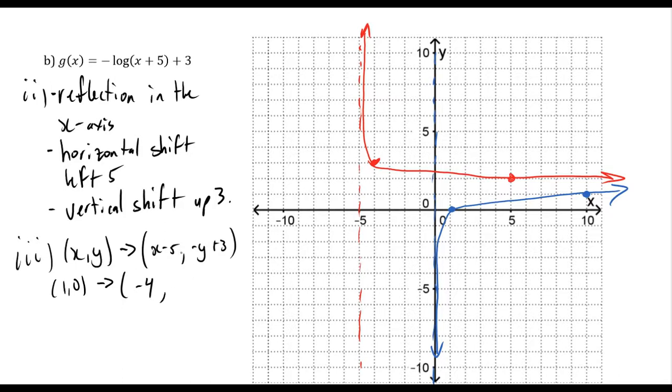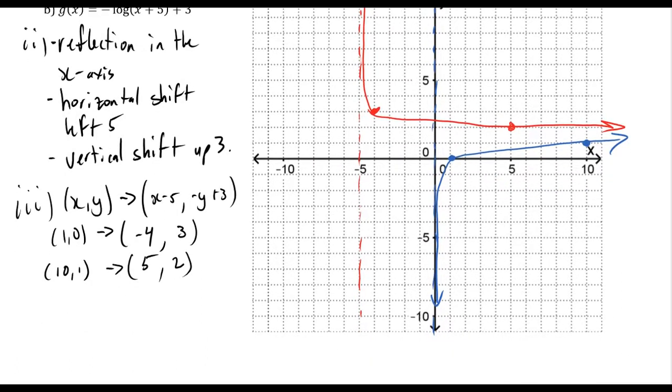And then -0 plus 3 is just 3, and that looks good. And then (10, 1) goes to 10 minus 5, which is 5, and -1 plus 3 is 2. So (5, 2). Do our domain and range.